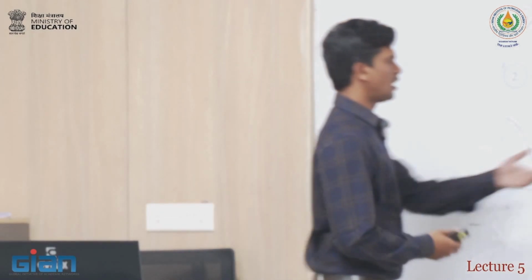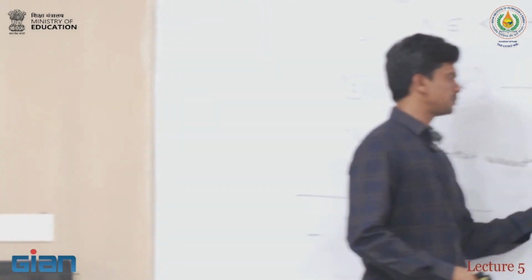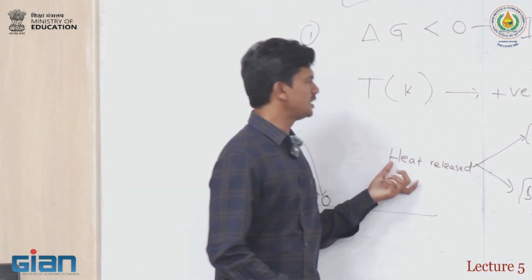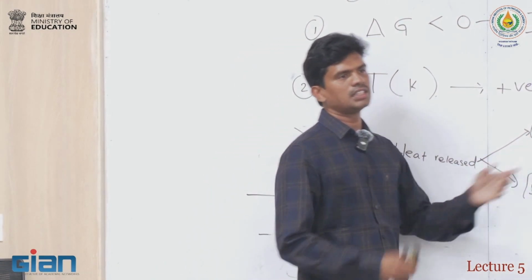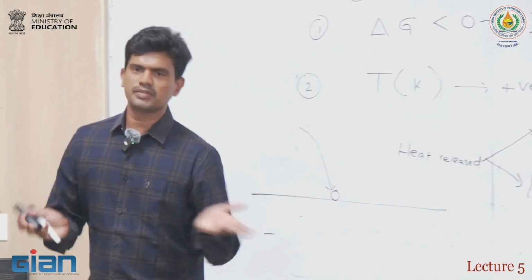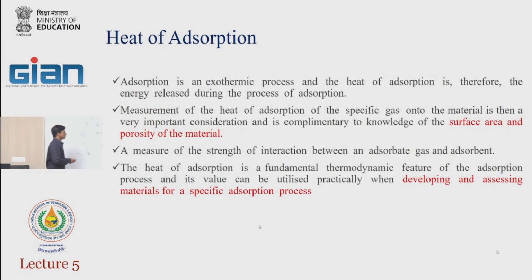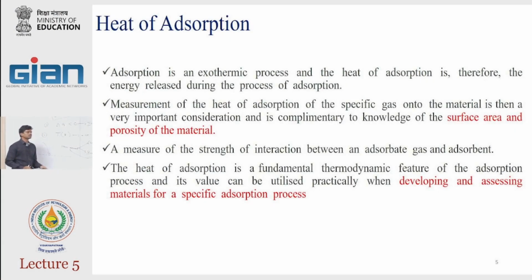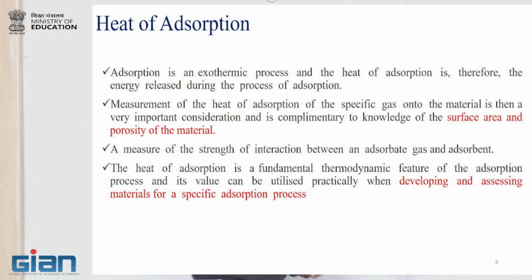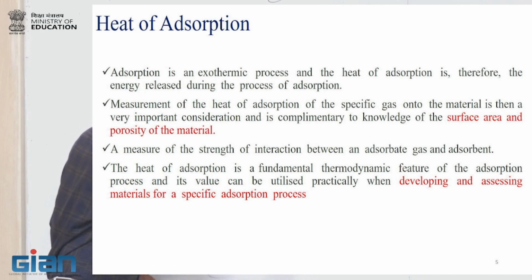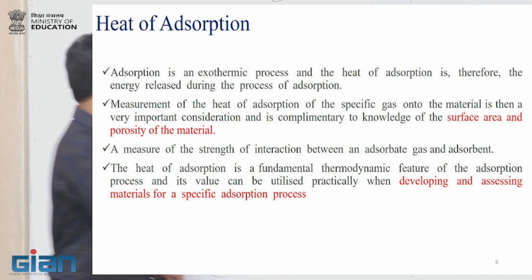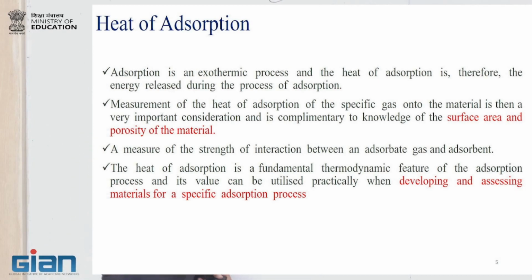All the heat may be dissipated to the surroundings, or all heat may be absorbed by the solid, or it may be partly divided between these two. Whenever everything goes into the surroundings, we don't have any problem. But the challenge comes the other way around, when all the heat released is absorbed by the solid. So the temperature of the solid increases. So it is not good for the adsorption. So the desorption starts. Right?